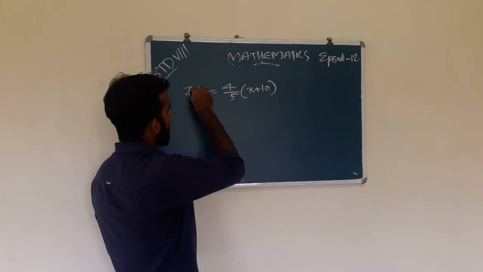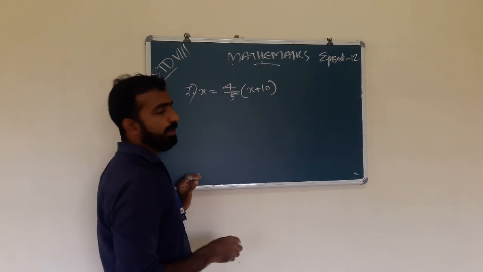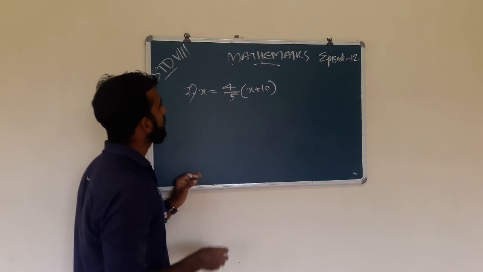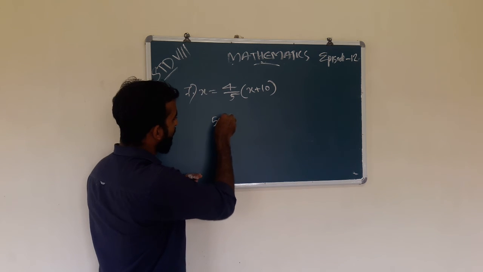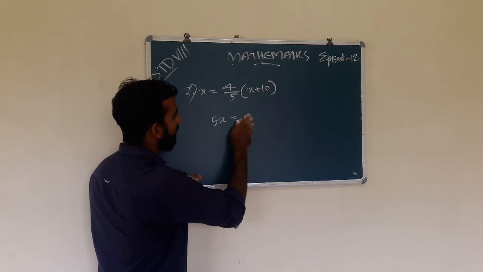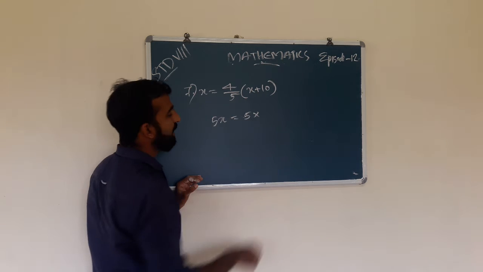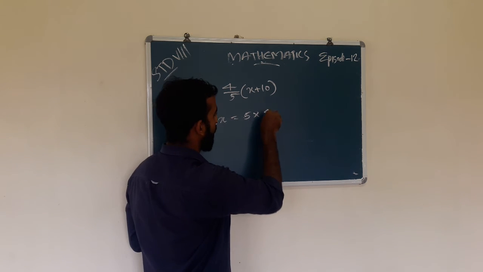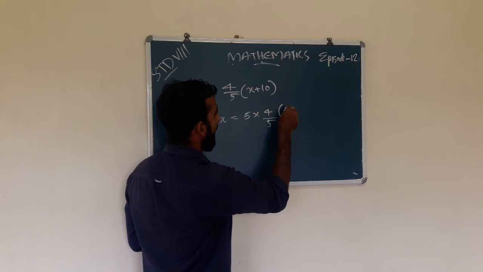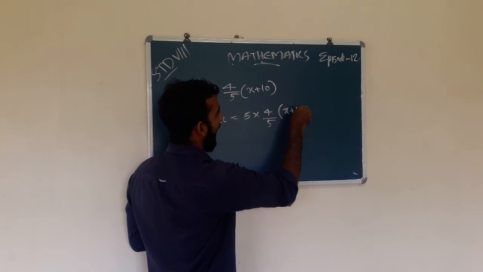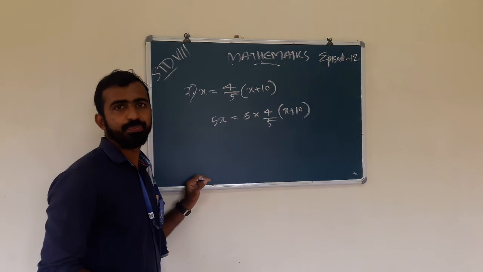When we multiply by 5 throughout, we get 5x equal to 5 into 4 by 5 into (x plus 10).